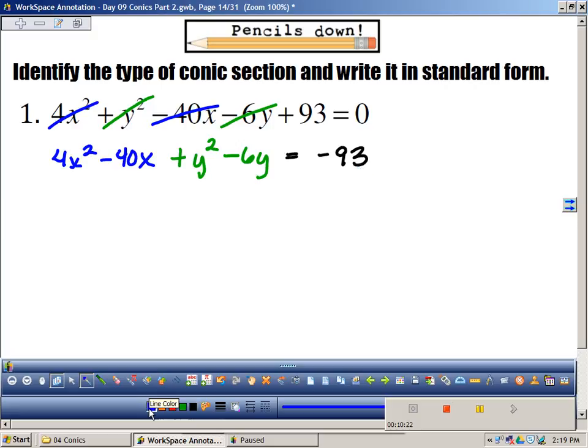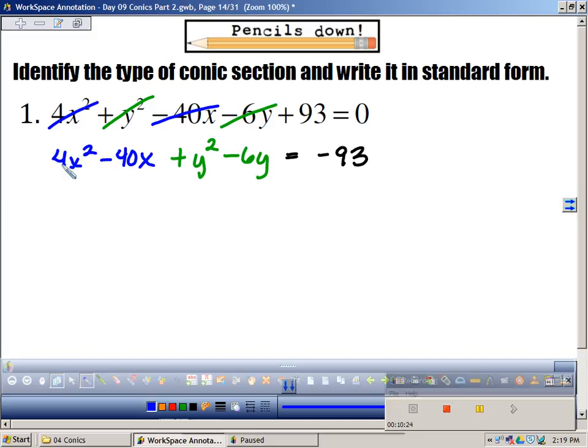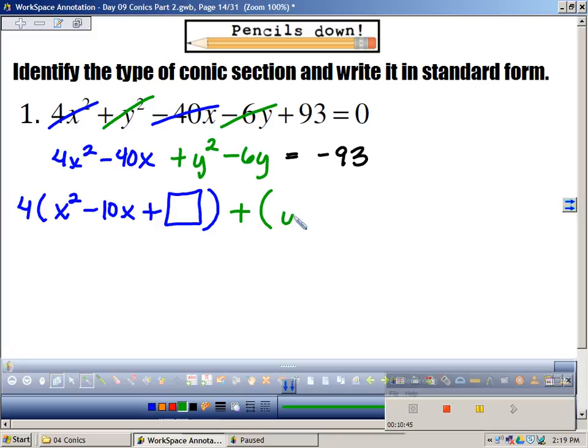My next step is I've got to pull that 4 out of there because I can't complete the square with it in there. So pull the 4 out, and I have x squared minus 10x. I'm going to make this a perfect square. I'm going to put my little box in there. I think I'll wait to put my box on the other side. This one I don't have a coefficient, so I don't have to worry about it.